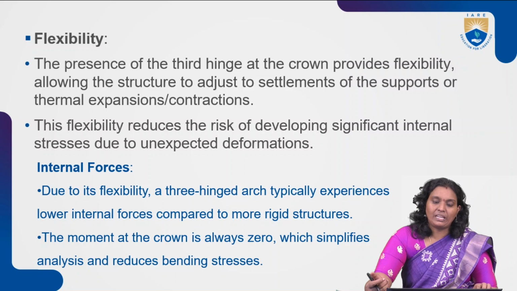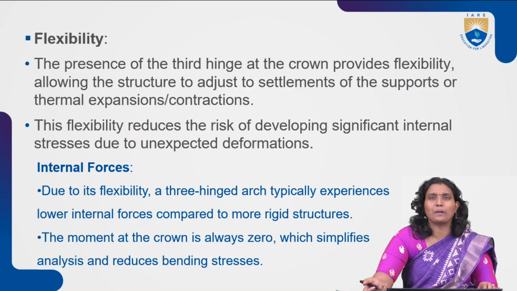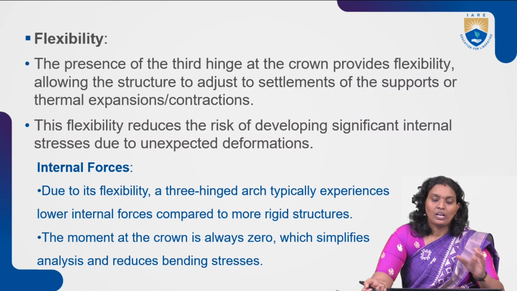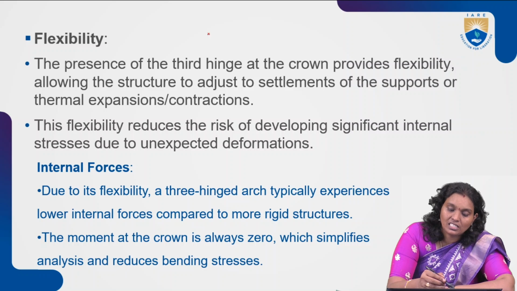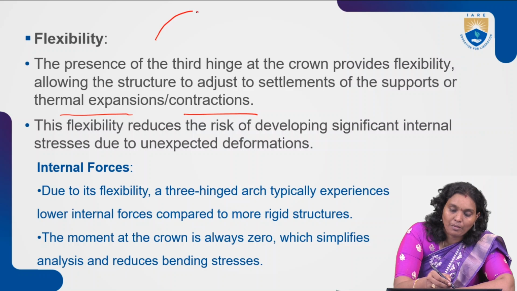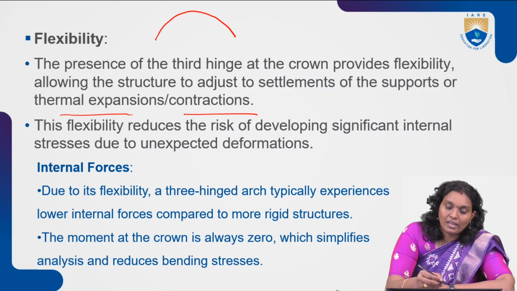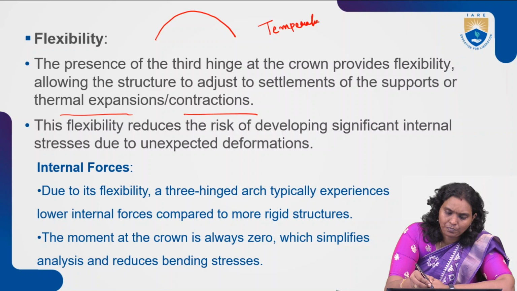Here the presence of the hinge at the crown provides flexibility to this structure to adjust to settlements of the supports or thermal expansion or contraction. In any kind of structure, these thermal expansions and contractions depend upon the type of material, how much they are going to expand or contract based on the temperature changes of that particular locality.